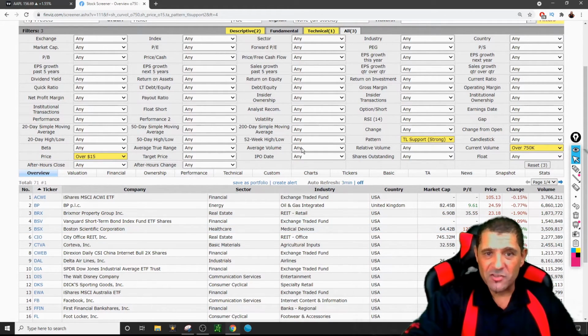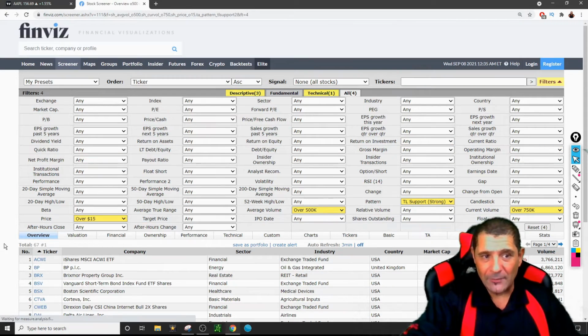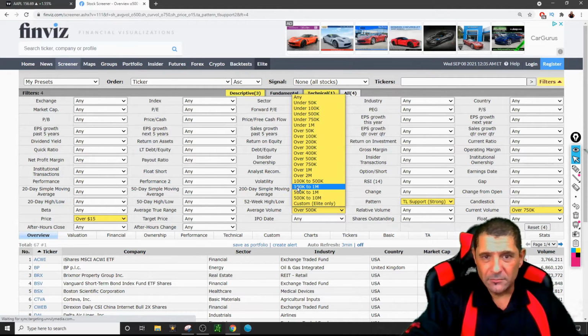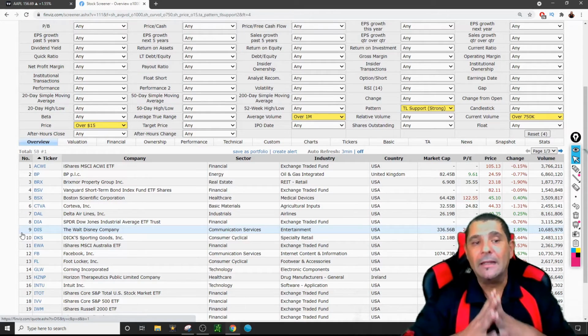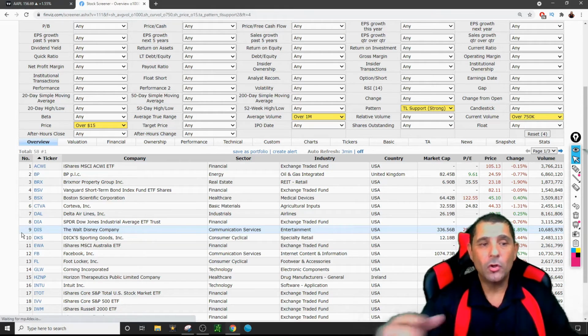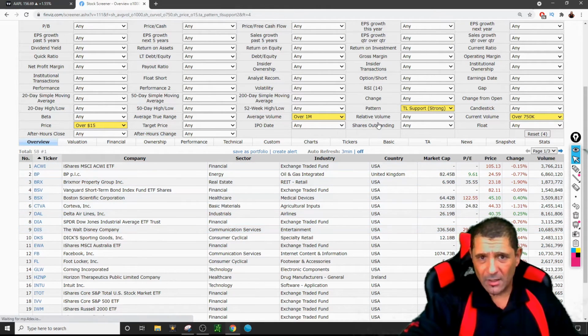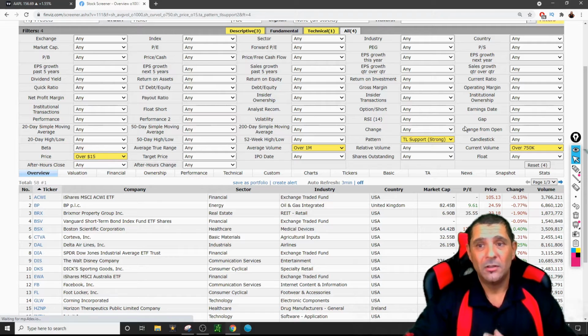Now for average volume right here, you want to put at least over 500k or even over a million, because you want a stock that is moving, or that people are really interested in. After that, you're going to find other things right here that you can place, like a target price, beta, after hour close, and moving averages. There are a lot of things in the screener that you can use to narrow down the stocks you really want.